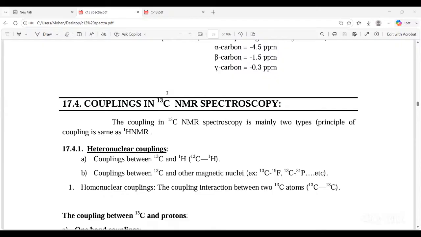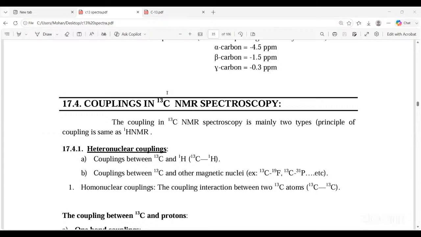Due to the presence of these factors, the value may increase or decrease. For example, electronegativity is directly proportional to the chemical shift values. That means if the electronegativity increases, the chemical shift value will increase. Take the same carbon attached to different electronegative atoms like chlorine, fluorine, and bromine.